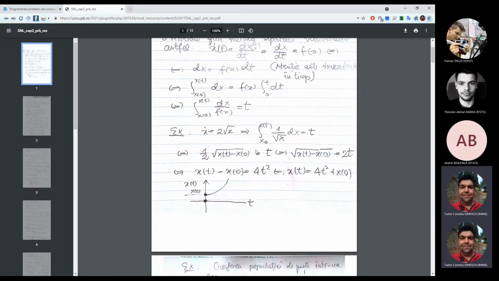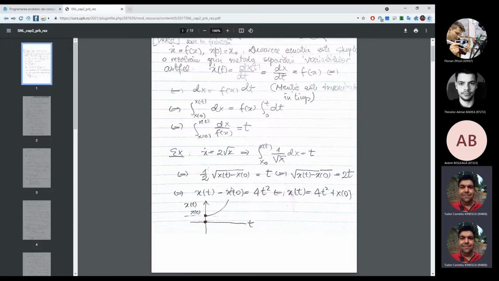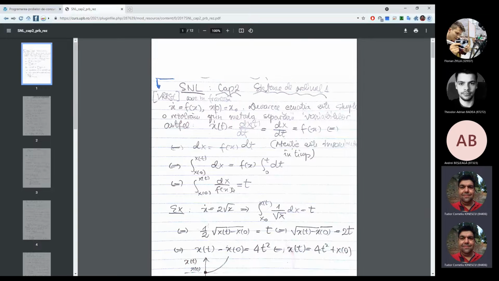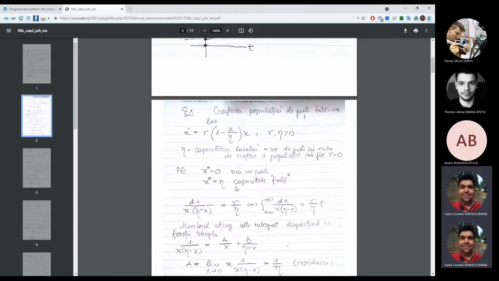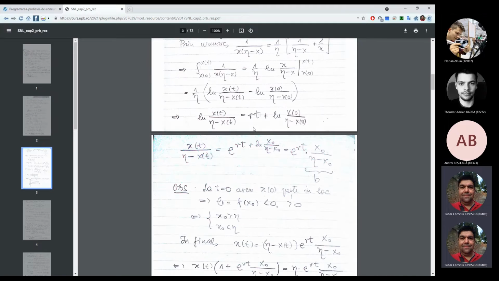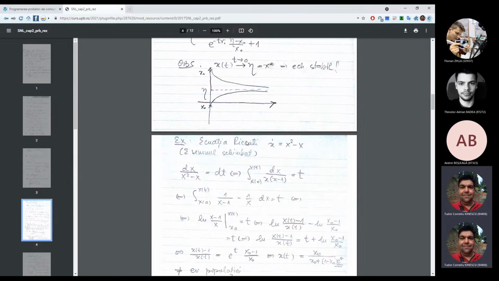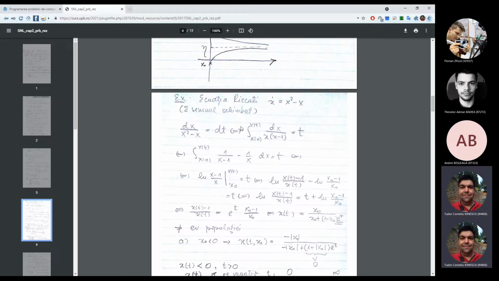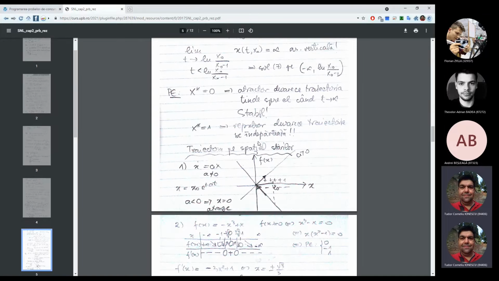Here I was writing some examples of computations of some specific examples. I have here the growth of the population in a fish pond, which is very interesting, and other examples. And this is the Riccati equation we just saw earlier, solved here.